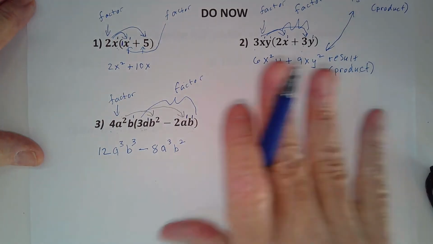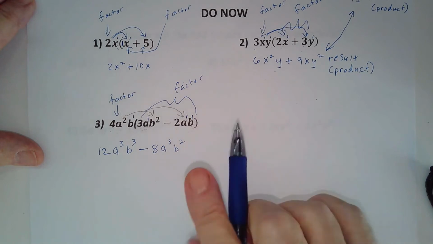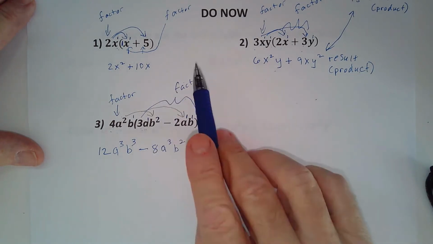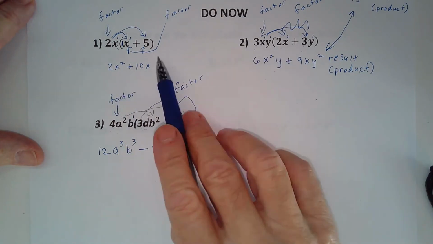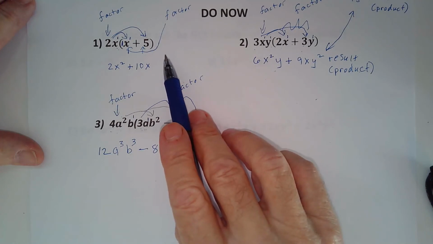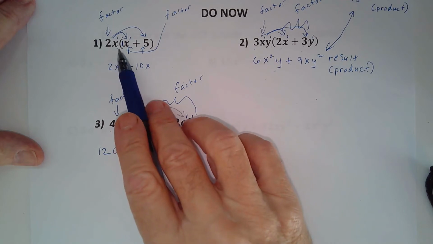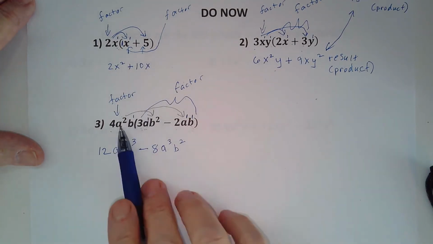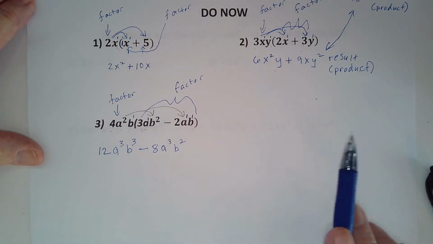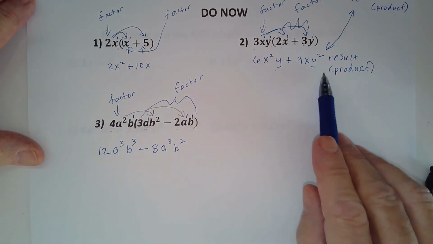So pretty simple when you follow this. This is multiplying together again two factors, which are two separate terms multiplied together. That's what's happening in each case. And then you get a result, which is a product.